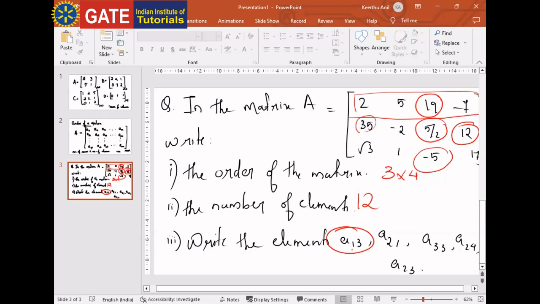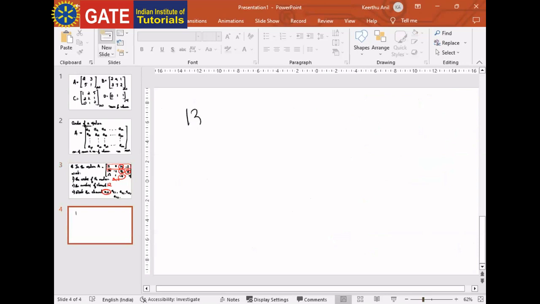And along with that, you can write this question also. What if it has 13 elements? That also you have to find out as the second part.